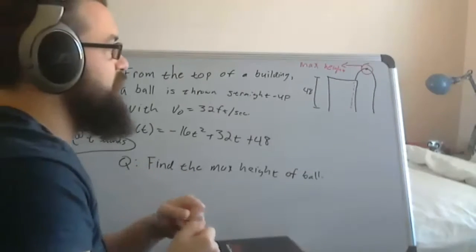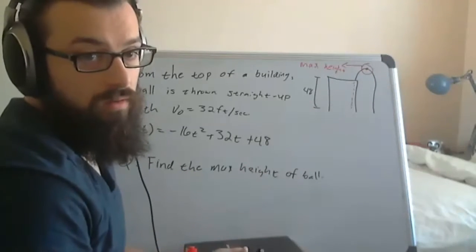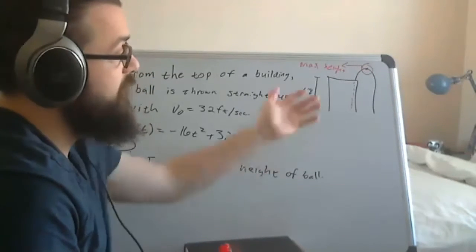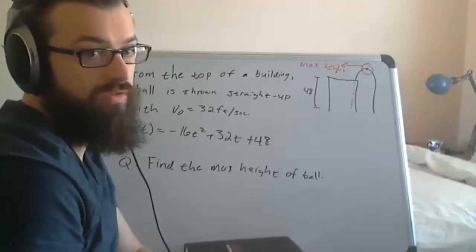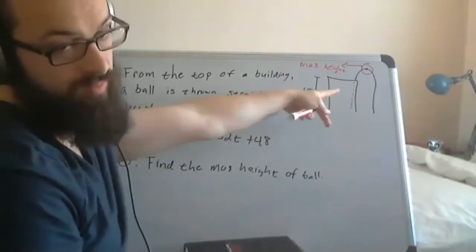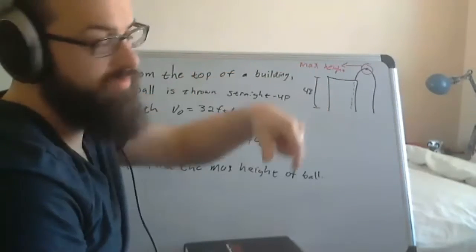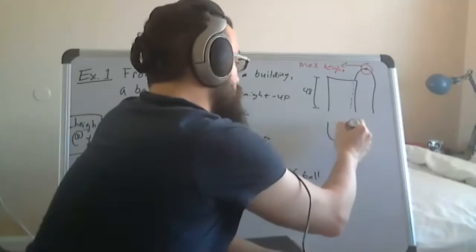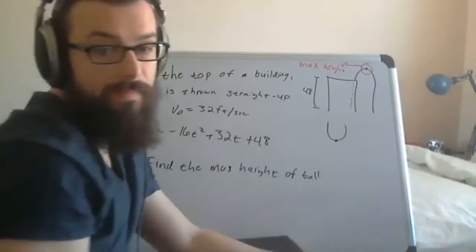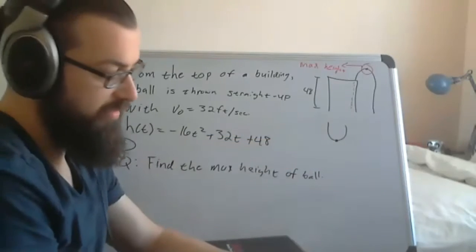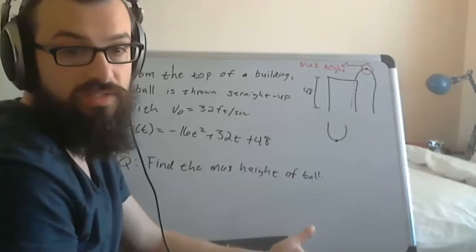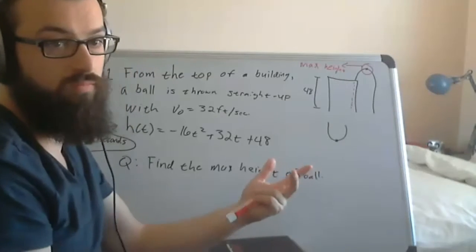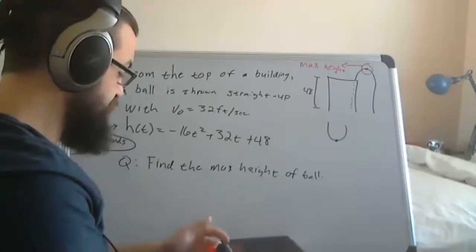Okay, so notice this is something we know. When we're looking for the maximum of a downward facing parabola, or alternatively, the minimum of an upward facing parabola, we're just looking for the vertex. That's it.